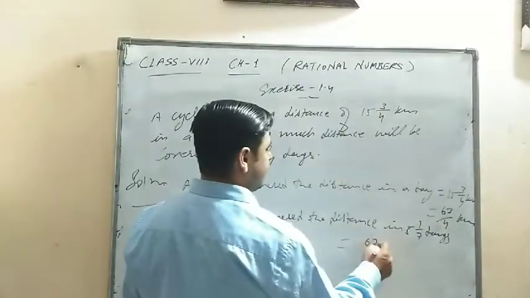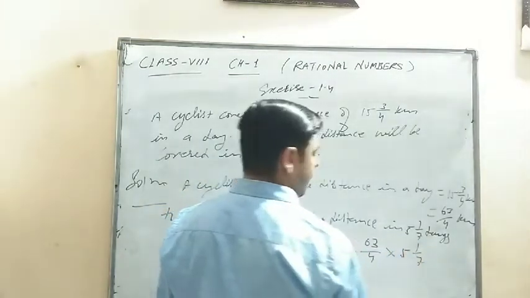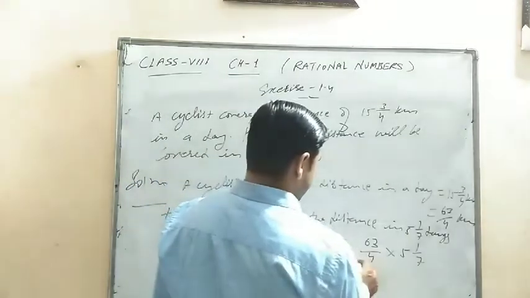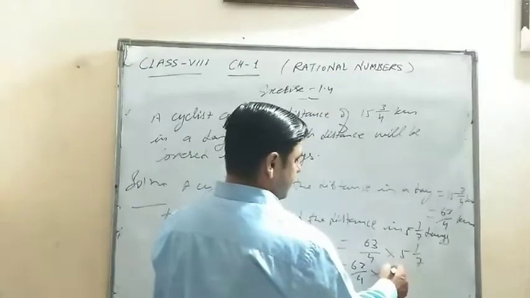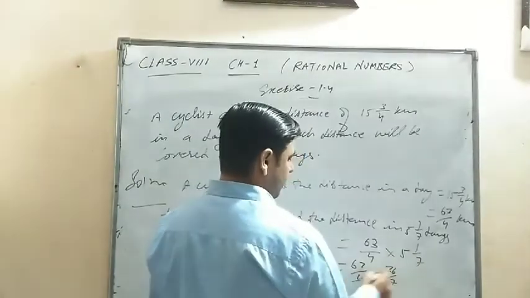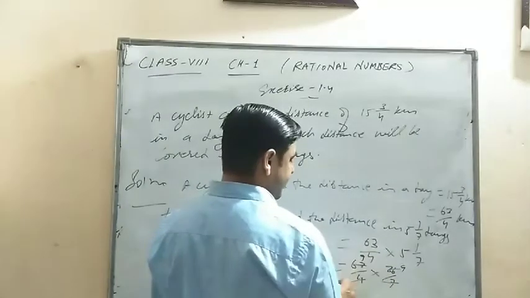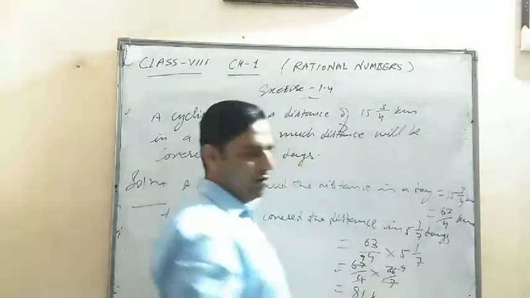Its meaning is 63 by 4 will be multiplied by 5 whole 1/7. So 63 by 4, 5 7 are 35 plus 1, 36 by 7. So 4 9 are 36, and 7 9 are 63. So 9 9 are 81 kilometers.